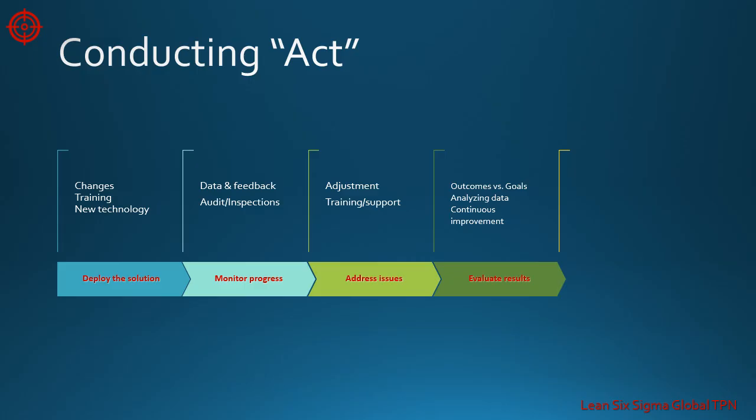For example, after several months of using the IVR system, the company evaluated the results and found that the average wait time had decreased by 50%, and the customer complaints related to long wait times had decreased by 70%. The company analyzed the data collected during the monitoring process and identified some areas for improvement, such as further optimizing the IVR system to reduce wait times even further.